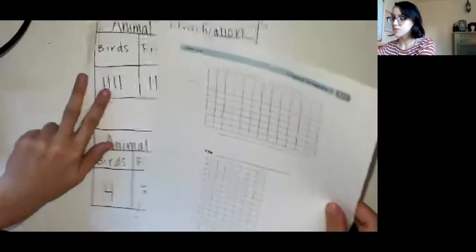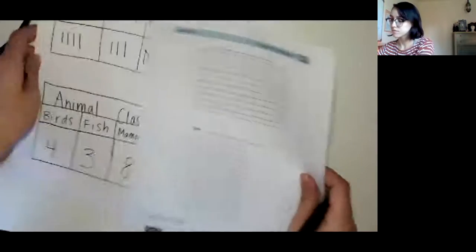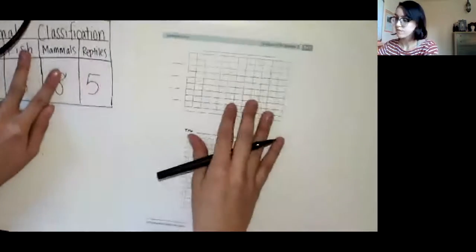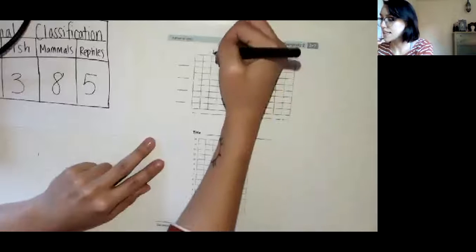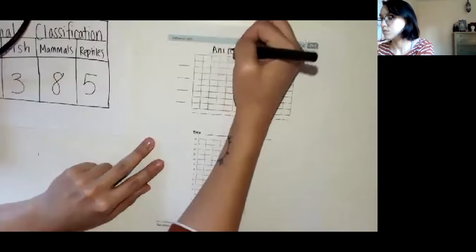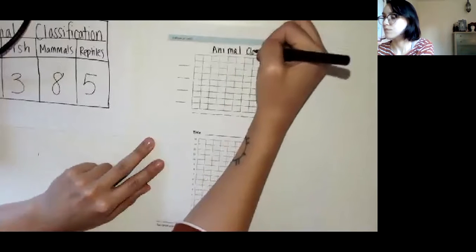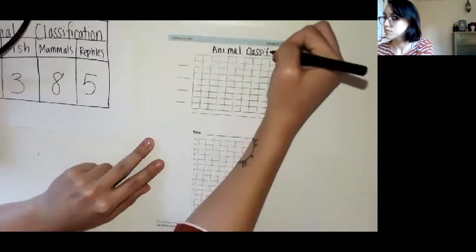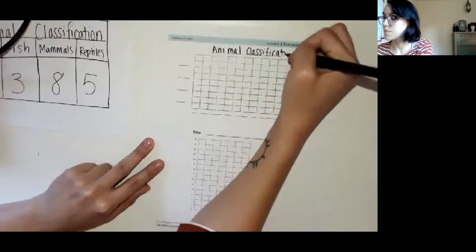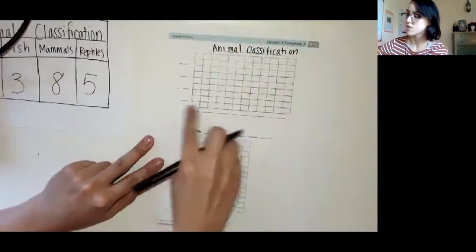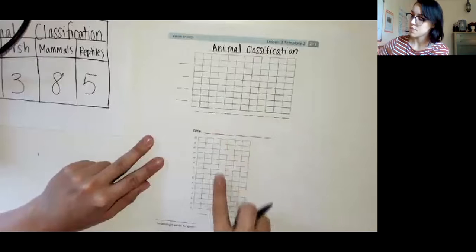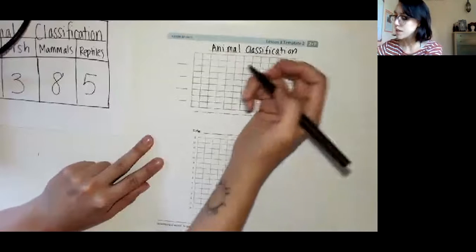Okay, so for our bar graph, we're going to do the same thing. It's animal classification. Up here, we're going to be practicing a horizontal one. Down here, we're going to be practicing a vertical one.